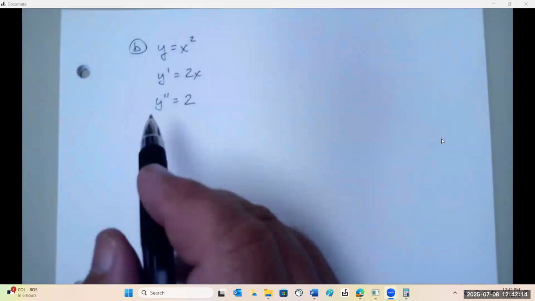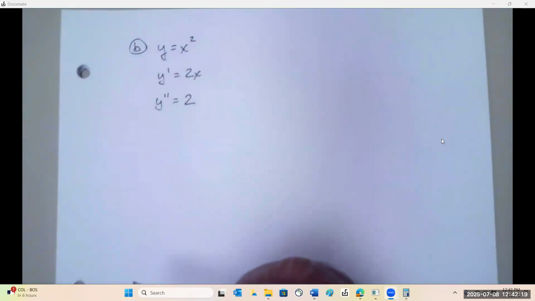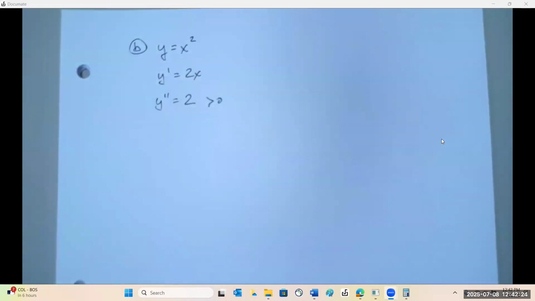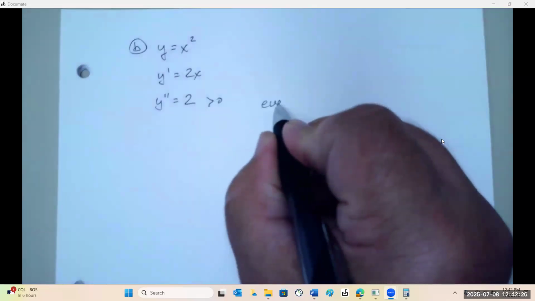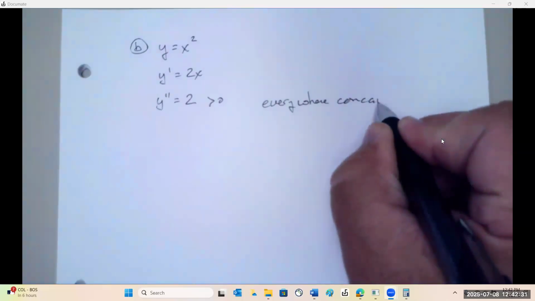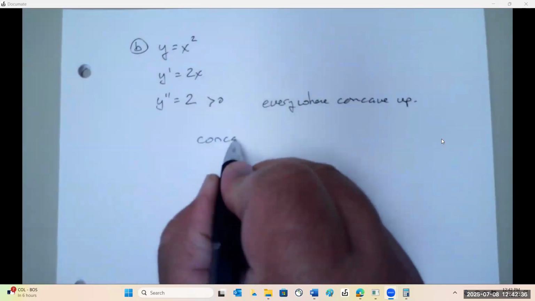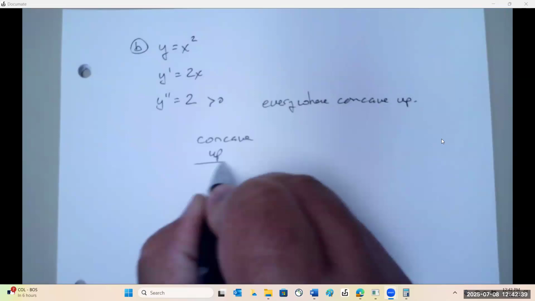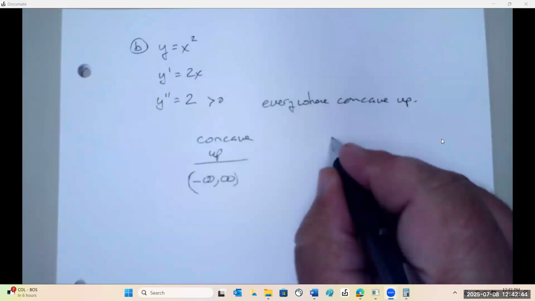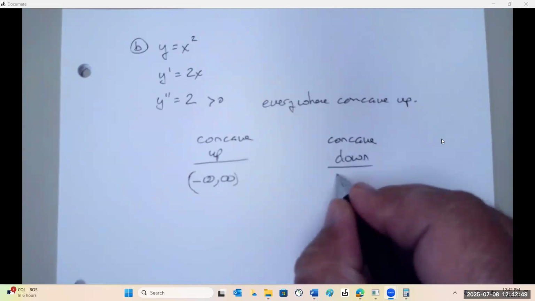It has a second derivative, therefore it has concavity. Is it positive or negative? It's positive, so it's everywhere concave up. So concave up from negative infinity to positive infinity. Concave down does not exist.